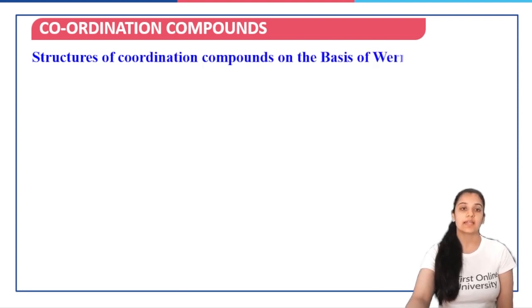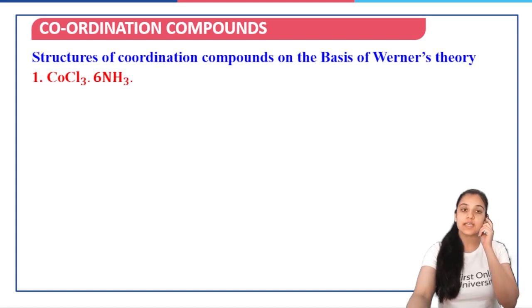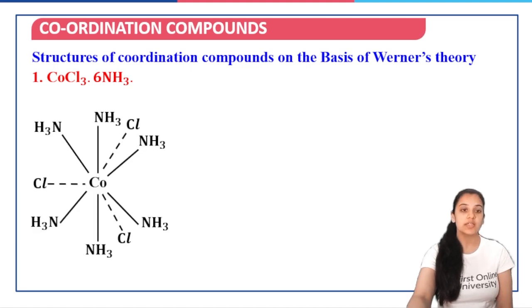Now let us look at the structures of coordination compounds on the basis of Werner's theory. Let us first talk about the CoCl3.6NH3 complex. We have already seen the structure where it will have 6 ammonia forming 6 coordinate bonds, and there will be 3 Cl minus which are going to satisfy the ionizable or primary valency.